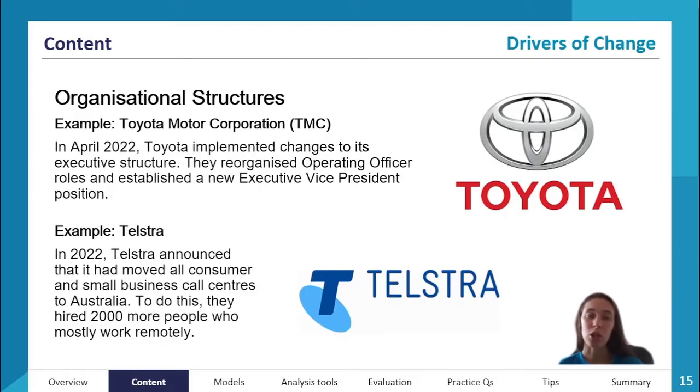So that was a huge change to their organizational structure in terms of getting rid of that offshoring structure, adding in a whole lot more employees to their Australian network, and then making them remote as well. So they don't need to be in person in the big cities where they probably have their different headquarters.